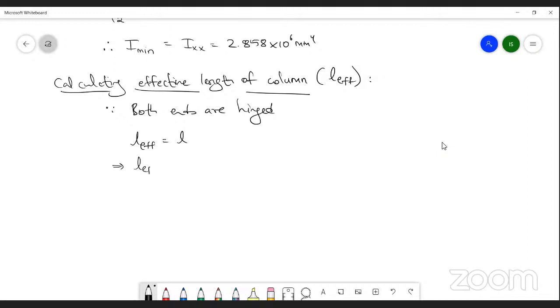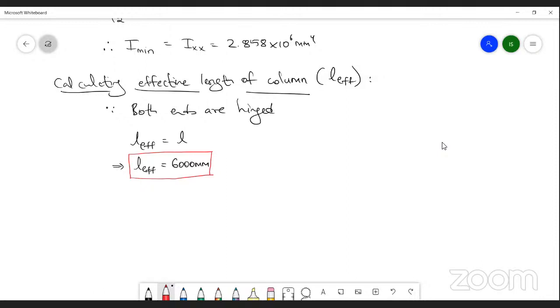So L effective equals 6000 millimeter. This is what L is given as. If it was not both ends hinged but something else, we would have substituted the value of L in that formula to derive the effective length.